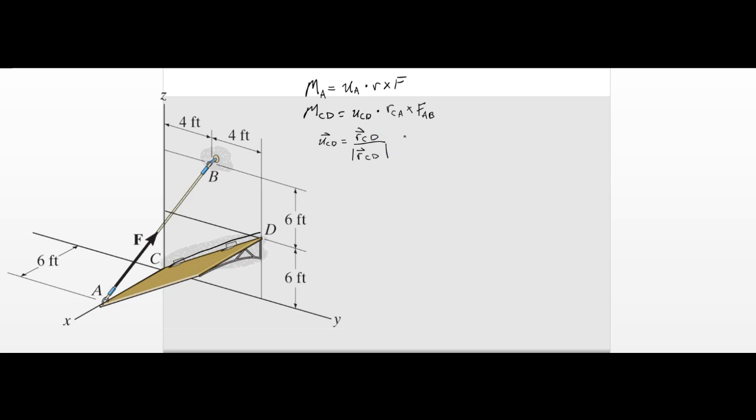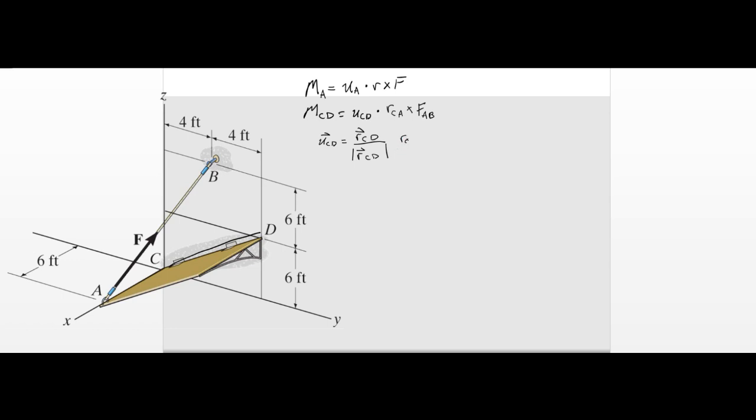So let's calculate RCD first then. Now C has the coordinates of the origin, so the only thing that we have here are the coordinates of D to take a look at.